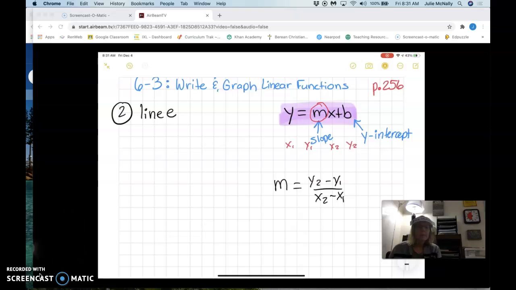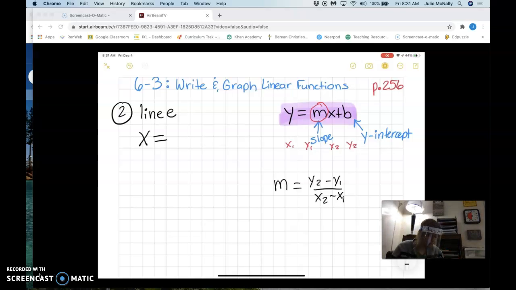So number 2 is line E. So on the graph, I'm looking for line E, and I see that it's a vertical line. When a line is vertical, what axis is it passing through? The x-axis. So an equation for a vertical line is going to be x equals whatever number that line is passing through on the x-axis.